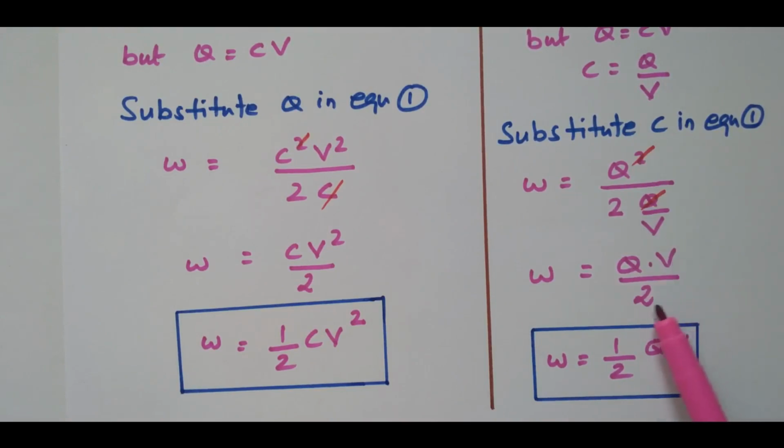So QV divided by 2, that is half QV. That is the third form.